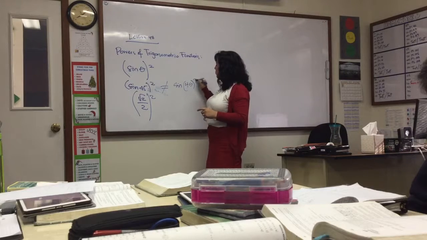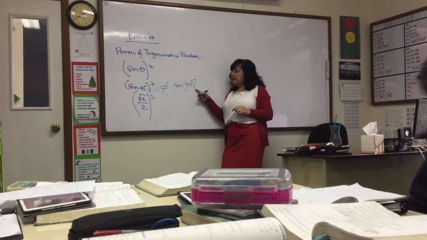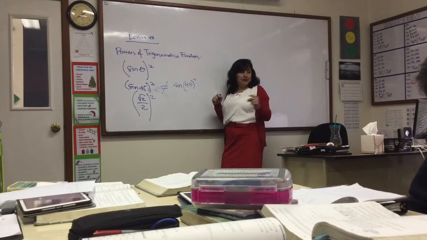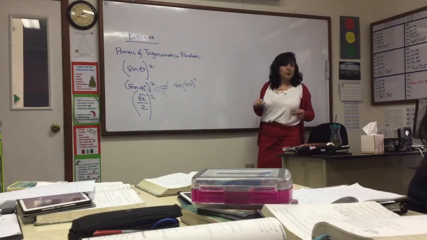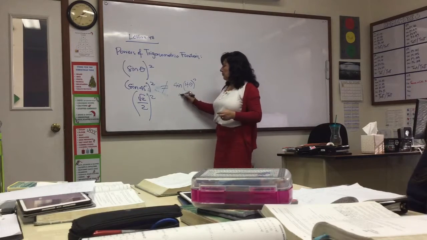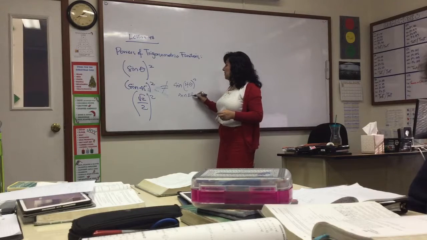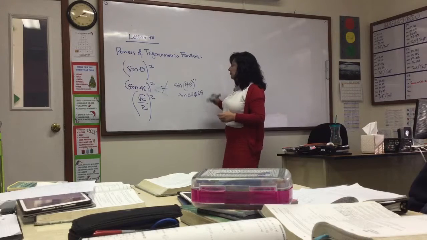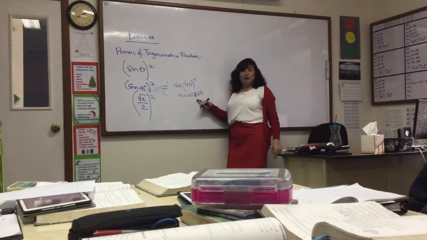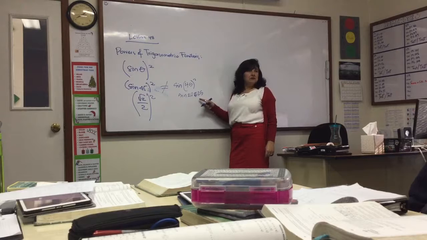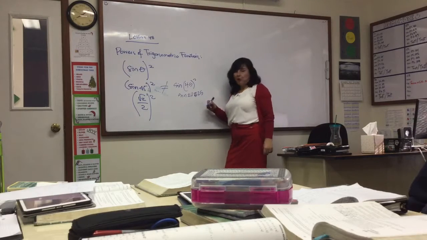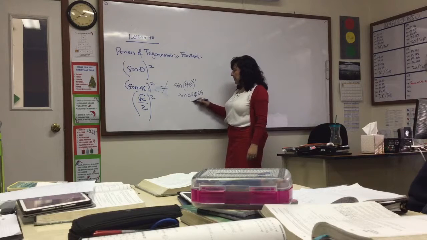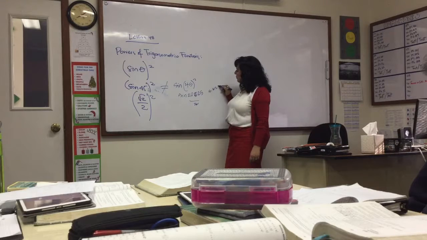45 squared. Why not? Because how much is 45 squared? Anybody with a calculator? 2025. Could you divide that by 360? 5.625.